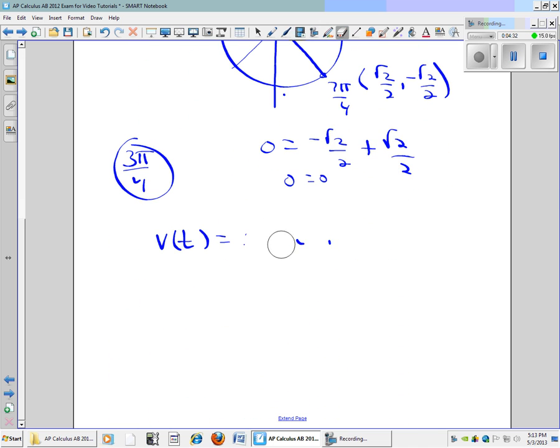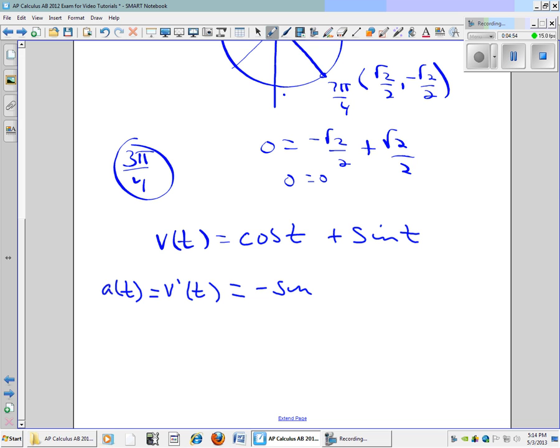So the cosine of t plus the sine of t. And you could have had it the other way. Now, if I take the derivative, that will be equal to the acceleration. And so the derivative of the cosine is negative sine of t. And the derivative of the sine is cosine. So I'll get cosine of t.